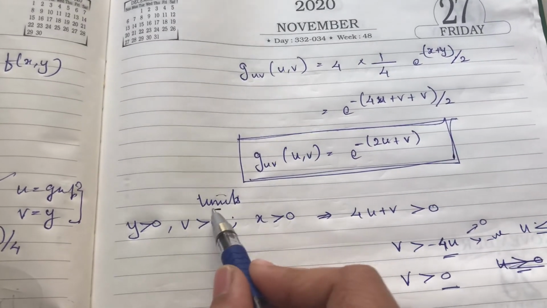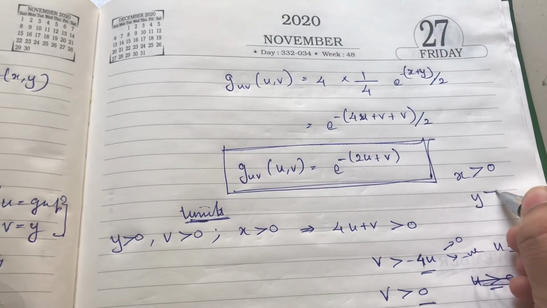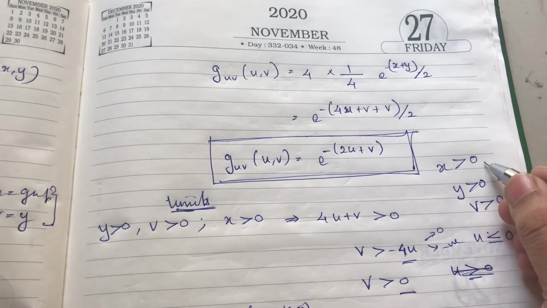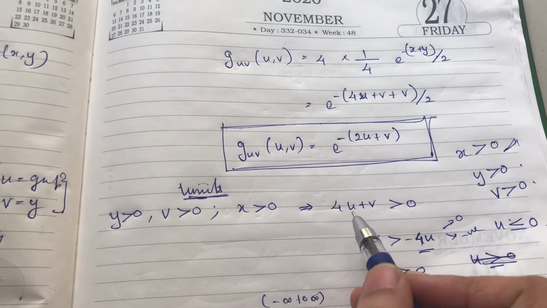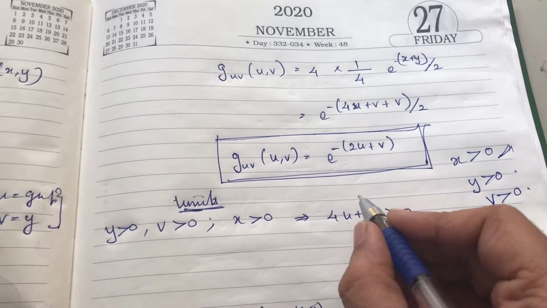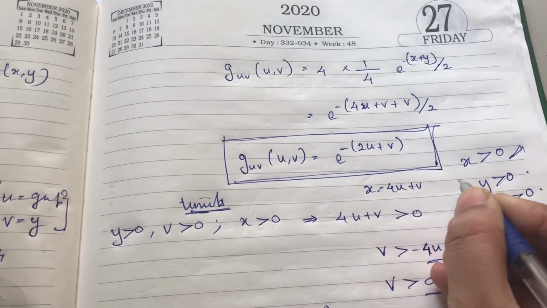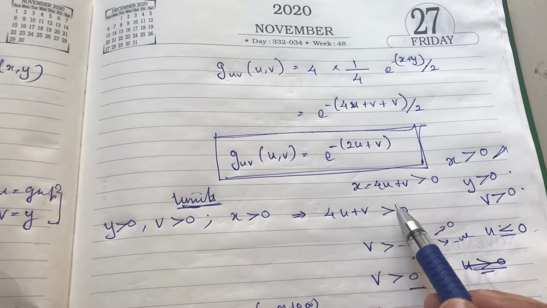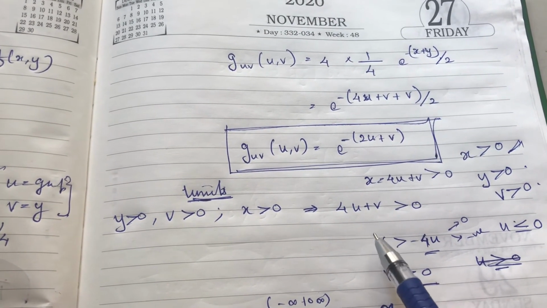After that, they have given the limits here. x is greater than 0 and y is greater than 0, right? So y greater than 0 means v is greater than 0. For x, we need to find it. x greater than 0 means we know the x equation, x equals 4u plus v, which is greater than 0. So 4u plus v is greater than 0 and I need to take v alone.